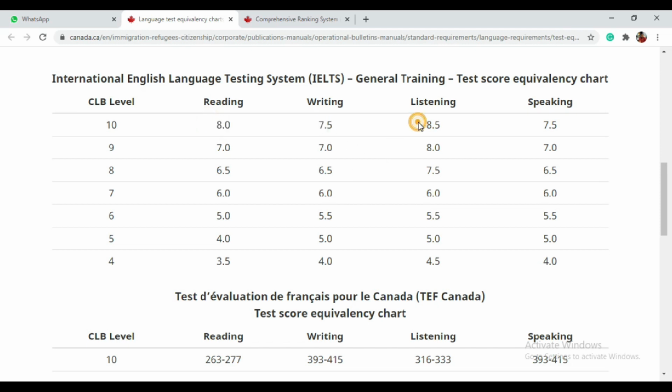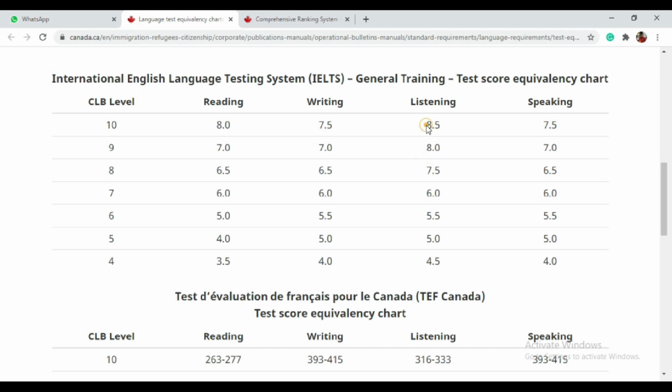In listening, you need to work on your listening the most so that you get 8.5 bands in the listening part. If in the reading part you get 7 bands, and in writing and speaking you get 7 bands each, then still that will be above the golden score.